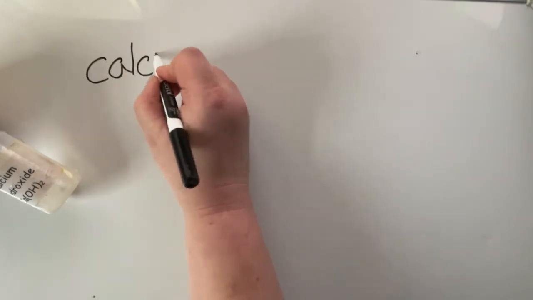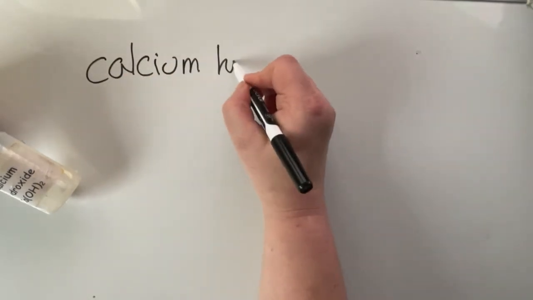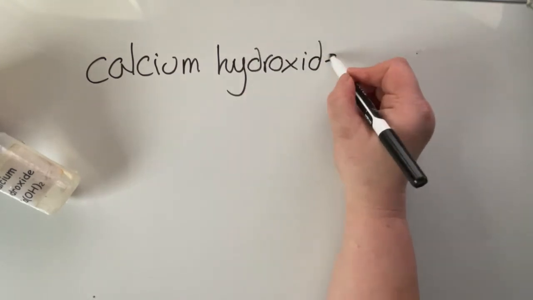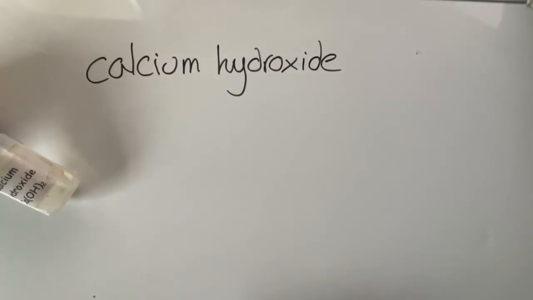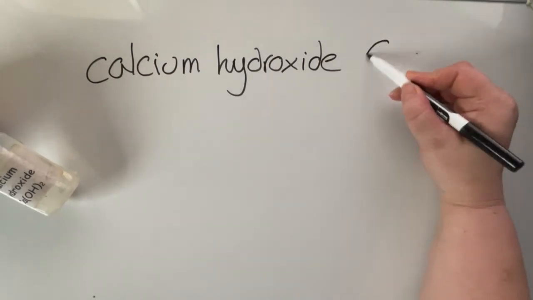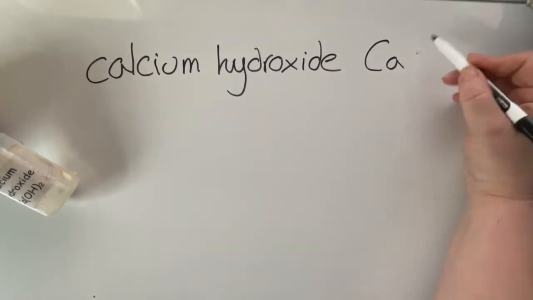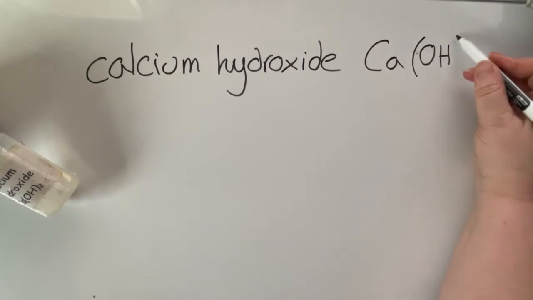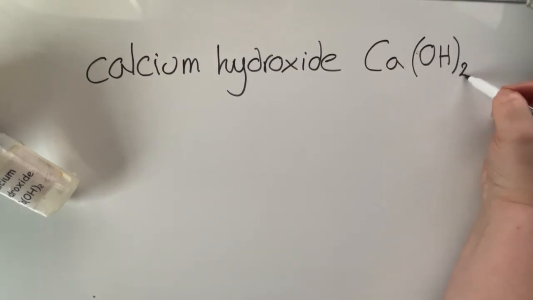The next 2 alkalis' formulae that I'm going to show you are slightly more complex because they make use of brackets. The next one we've got is calcium hydroxide. Calcium hydroxide's formula is capital C, small a, open brackets, capital O, capital H, close brackets, and then a 2.